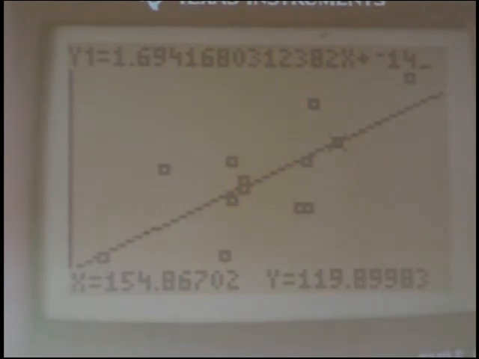You just type in 160, hit enter, and at this point, we're estimating the weight of a bear that is 160 centimeters long. That bear would weigh about 128 and a half kilograms. So the calculator is going to do pretty much everything for you.